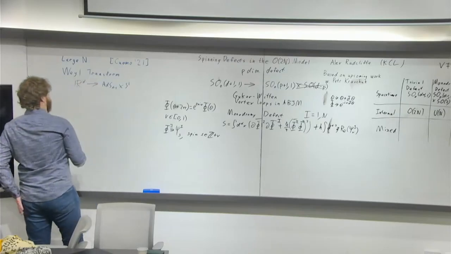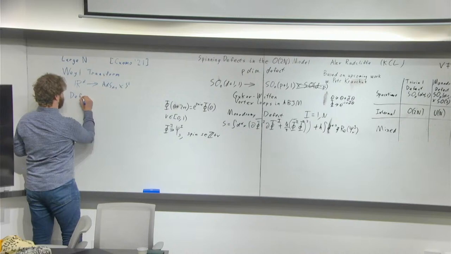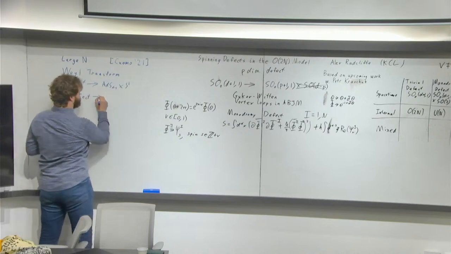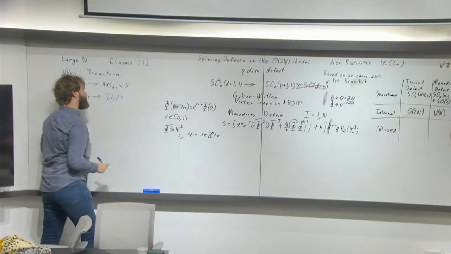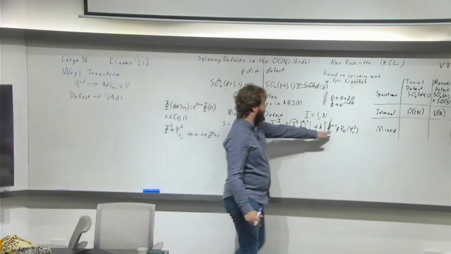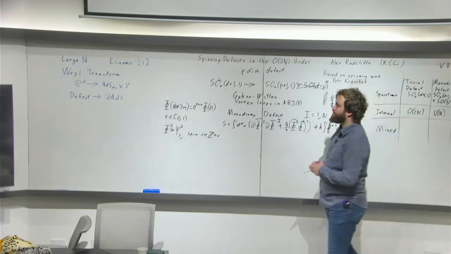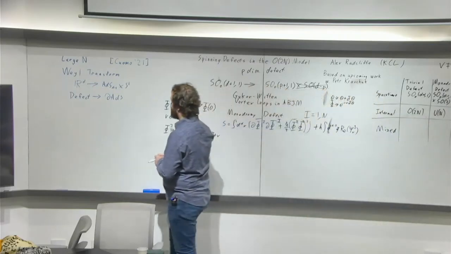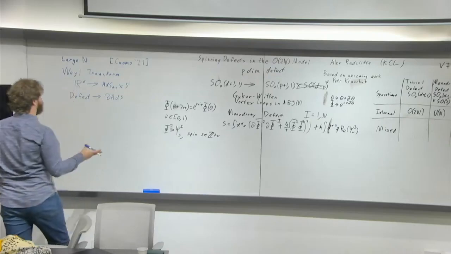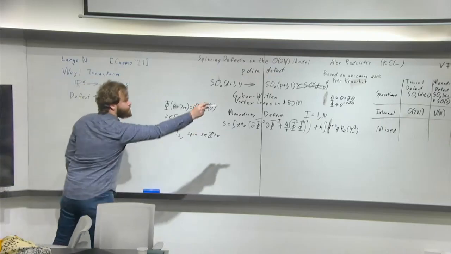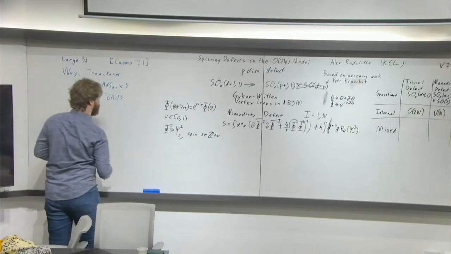And the other nice thing is that the defect gets mapped to the boundary of AdS. This means that adding a defect term to your action just corresponds to adding a boundary condition to your fields in here. And this has been used to great effect in a variety of works, including the work of John B. that I got that plot from. But in particular, it was used here.